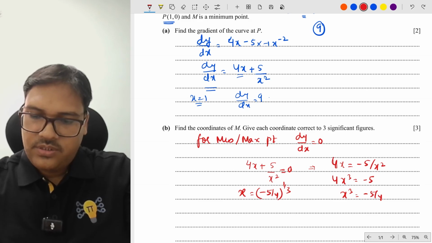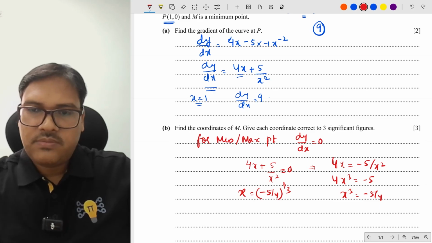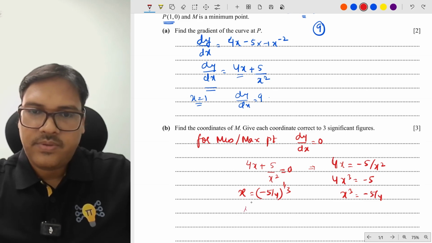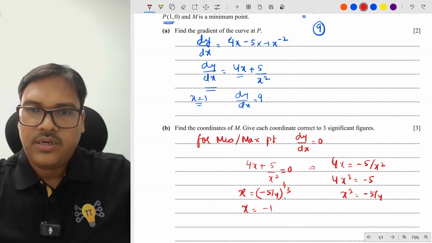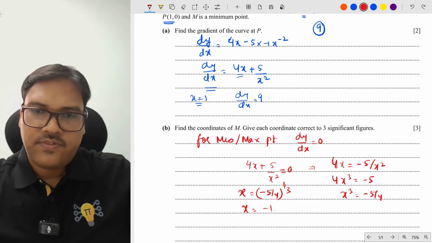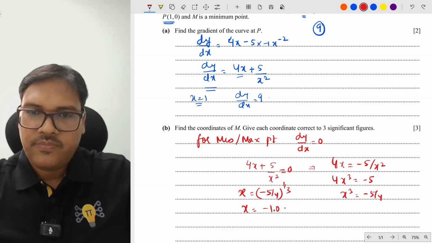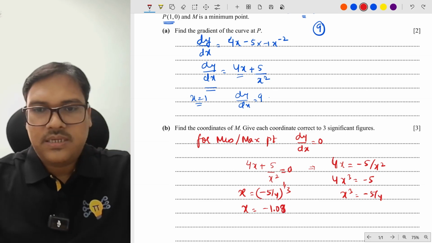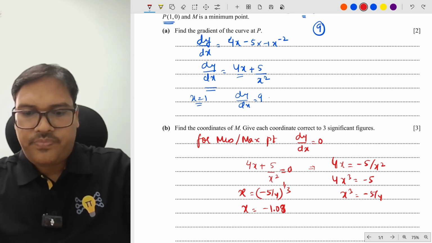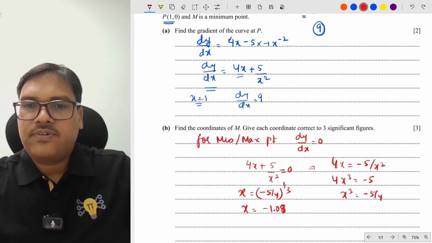So x will be equal to negative of 1 point, correct to 3 significant figures, so this is minus 1.08. So let's check the answer. So this is x is equal to minus 1.08.